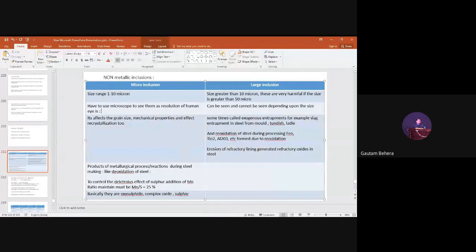Then reoxidation of steel: sometimes during the processing of steel, the alloying elements present in the steel or the iron itself get reoxidized, and that may give rise to inclusions in the steel. And erosion of the refractory lining: during the processing of steel, the refractory lining gets eroded, and that may give rise to inclusions in the steel.